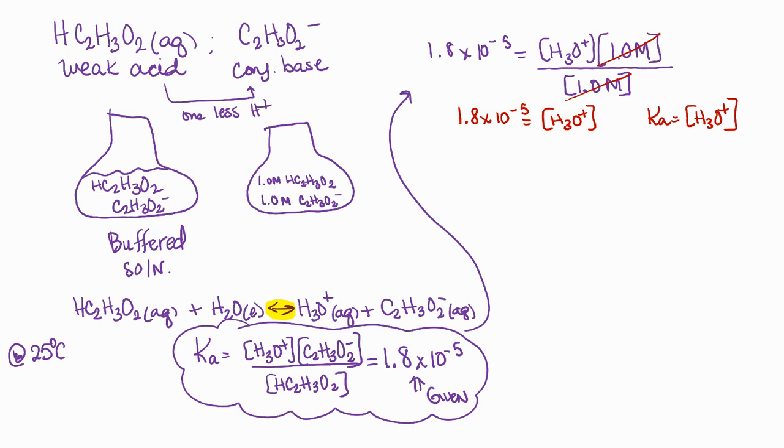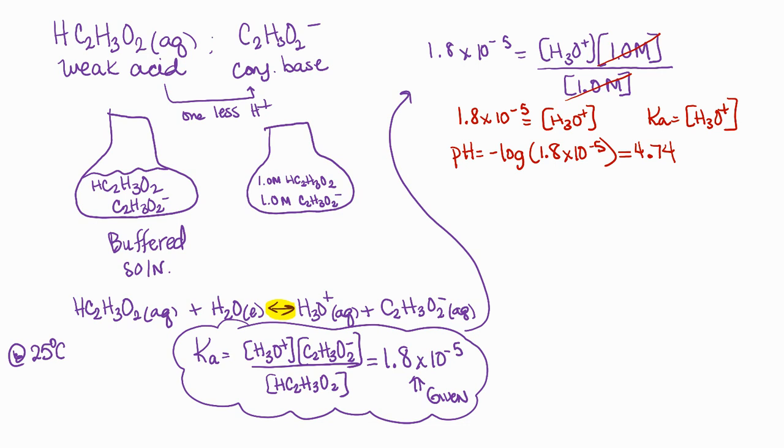And then let's think about what pH would equal. pH equals the negative log of this number, which you could take a minute to plug into your calculators. You could pause me. But we'd get a pH of 4.74. So we know the pH of this solution.